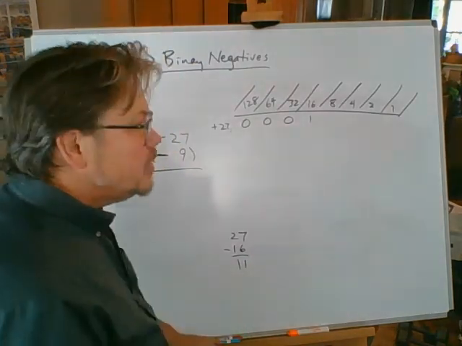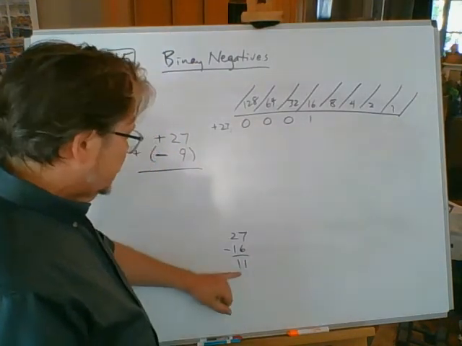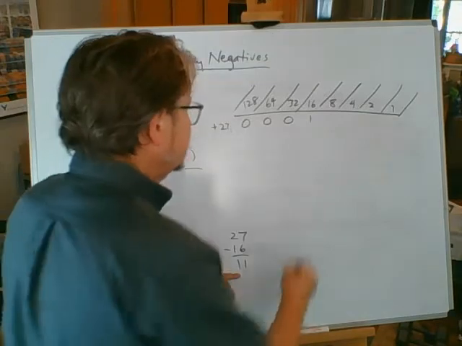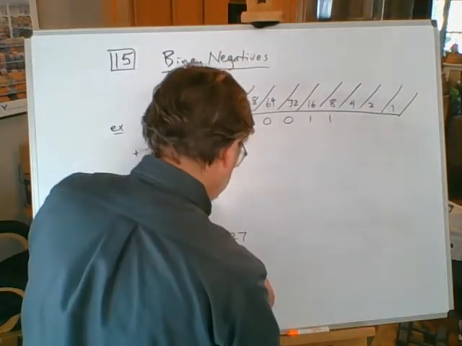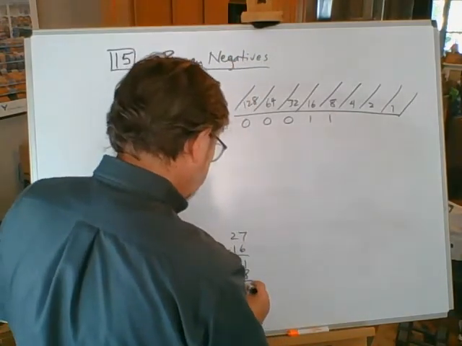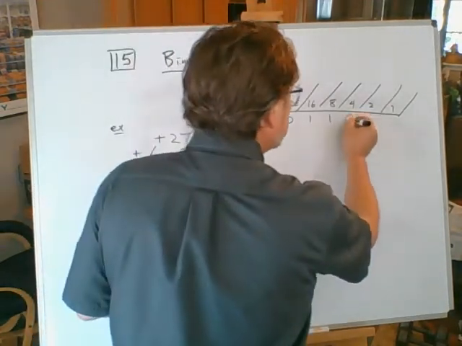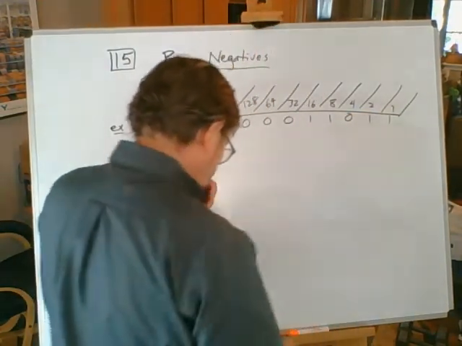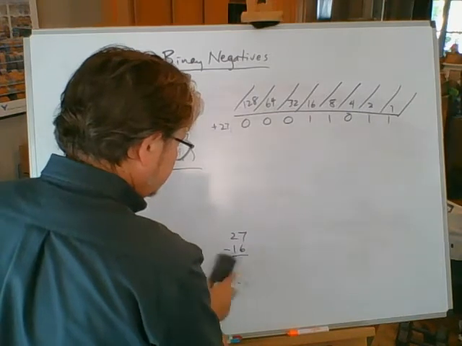Man, everywhere I turn I get stuff that looks like it's binary, but it's not. That's 11. 11, I can get an 8 out of there. 8, 9, 10, 11. 3, there's no 4, there is a 2, there is a 1. That was the scratch work.